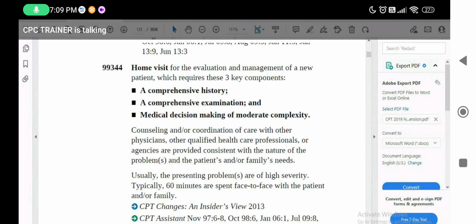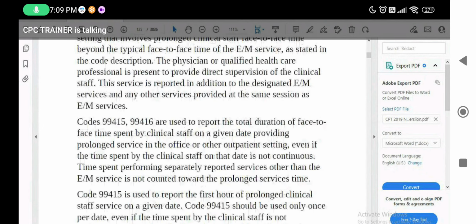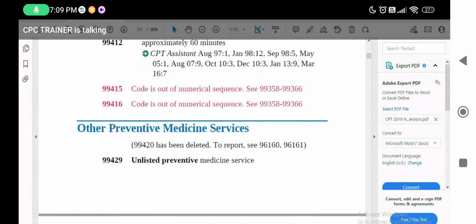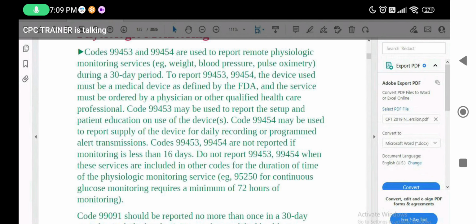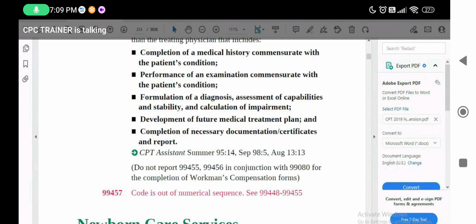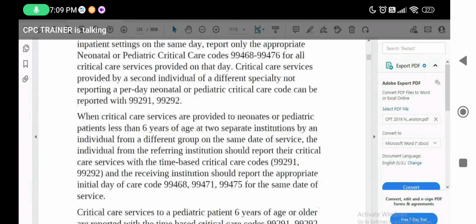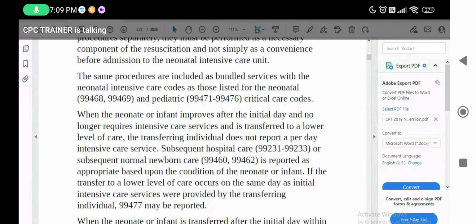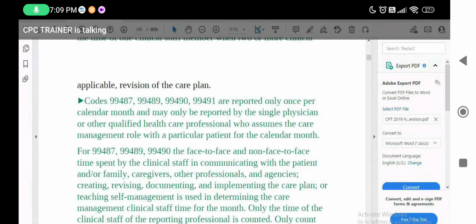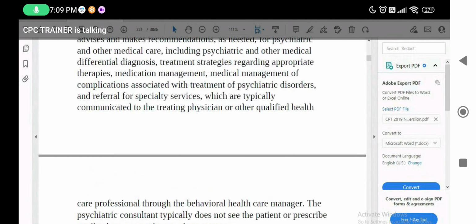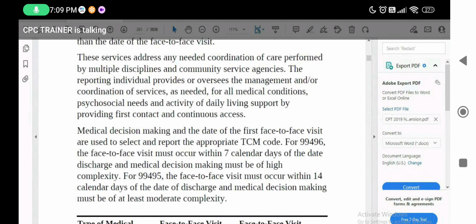After all the E&M codes are completed, we start the 0 series codes. Please note down: the heading is anesthesia, in brackets 0 series code. If any code starts with 0, you have to consider it an anesthesia code.